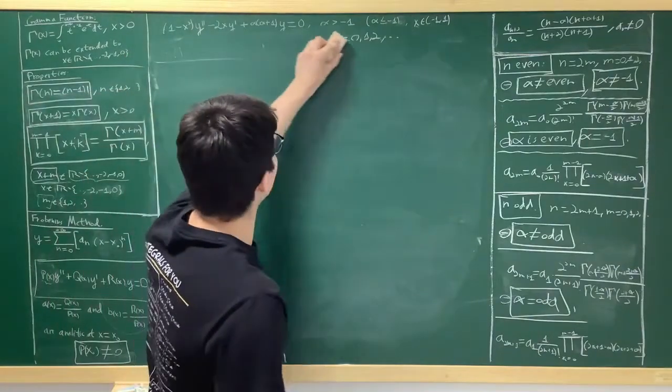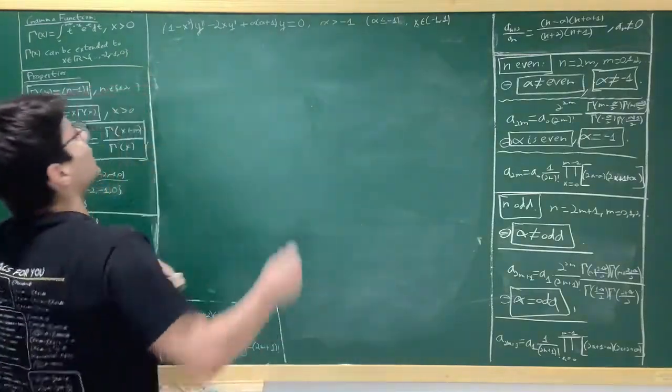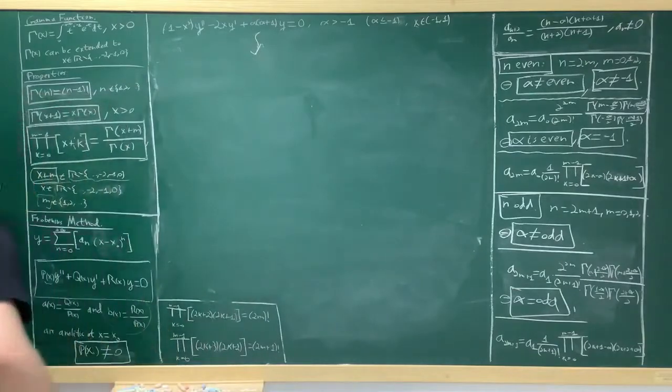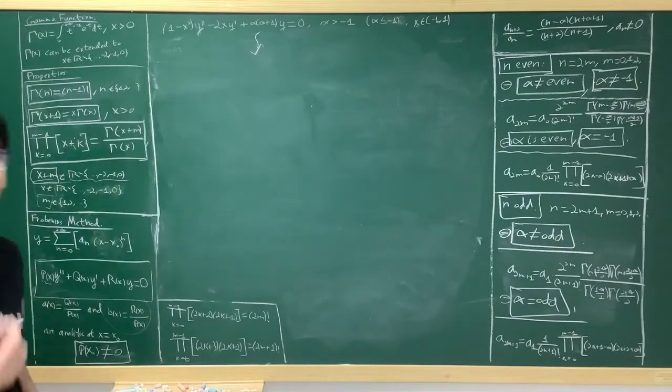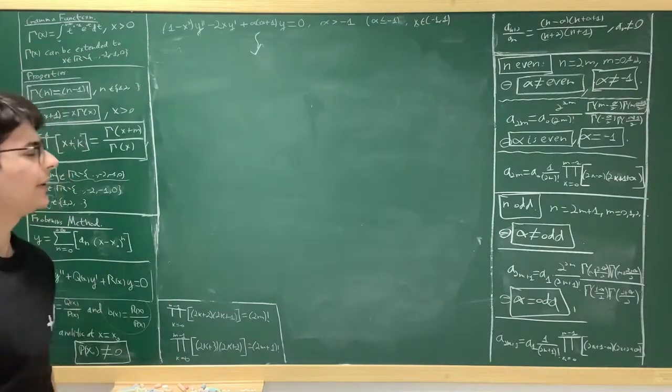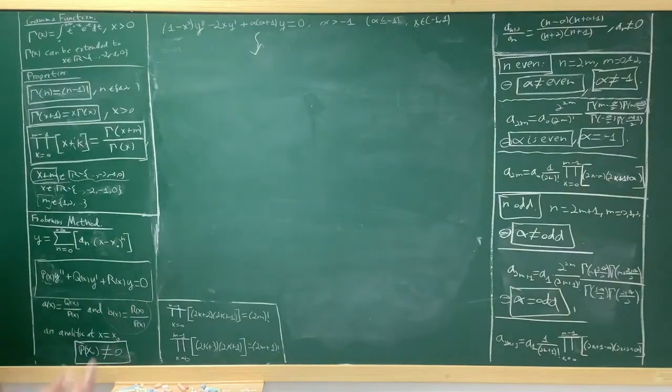So for this, our general solution is given by this expression around x naught, for x belonging to -1 to +1, without including the extremals of the interval.